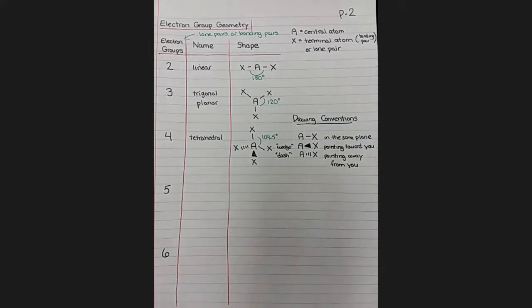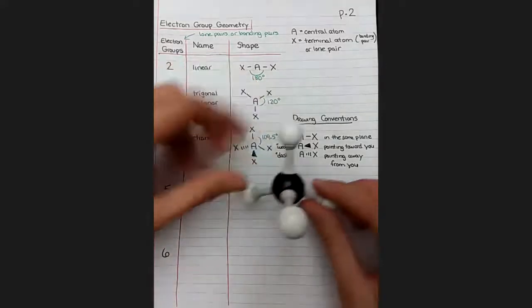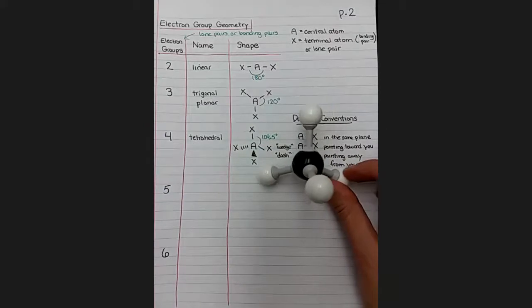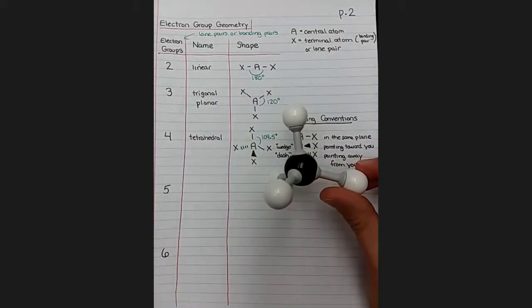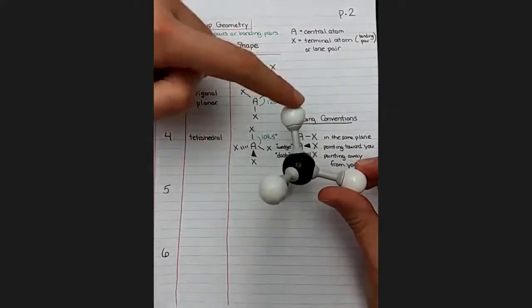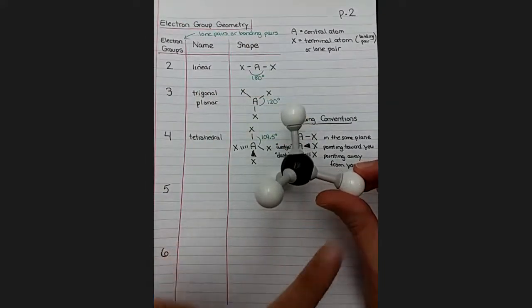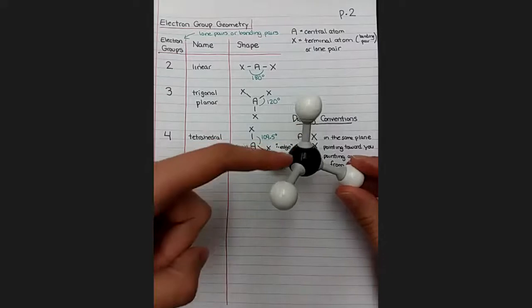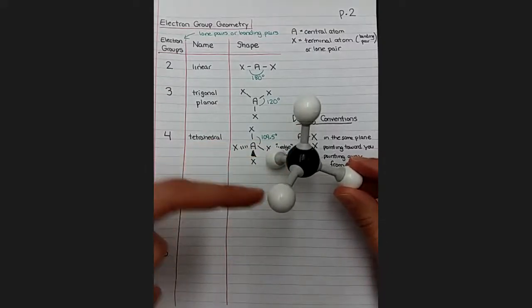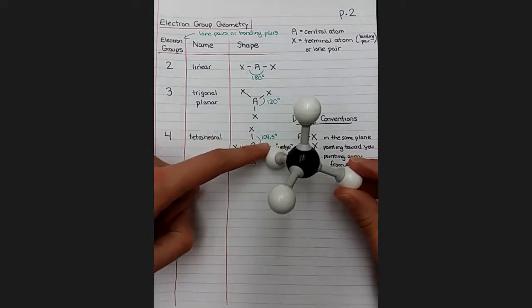So now knowing what these lines mean, there is a 3-dimensional tetrahedral structure. So if we hold it just like the one in the picture, you can see that both this bond pointing up and this bond pointing to the side are in the same plane. I could touch all 3 of these atoms with my hand at the same time. This bond in the front is coming towards the camera, and this bond in the back is pointing away from the camera.